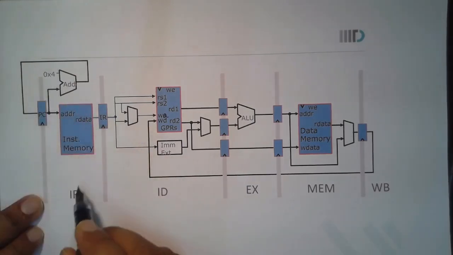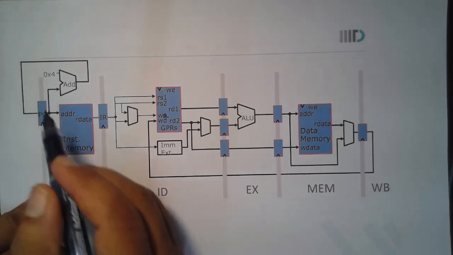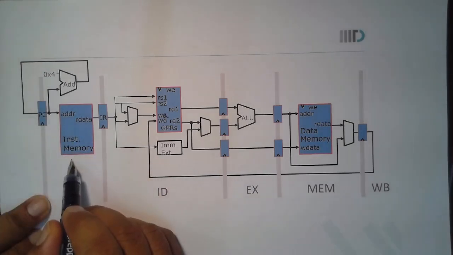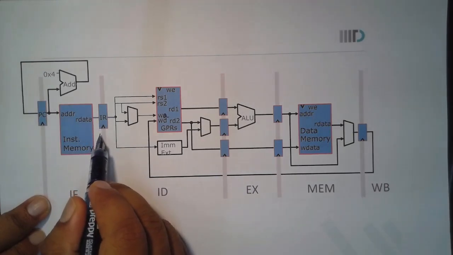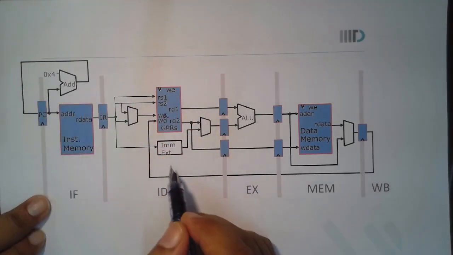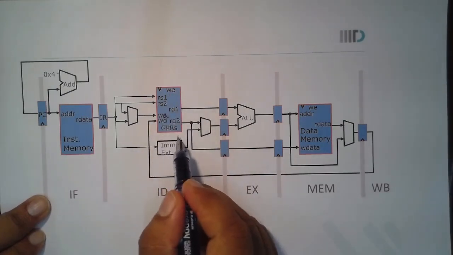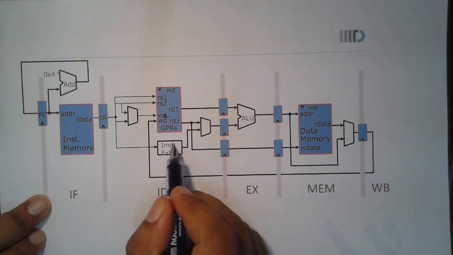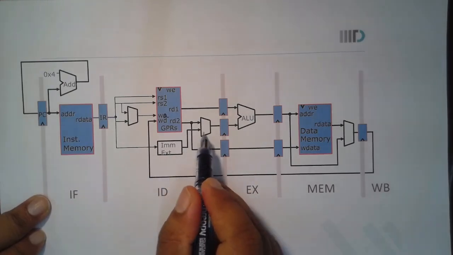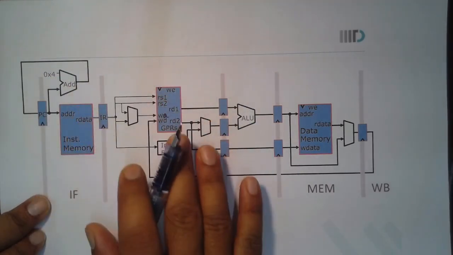We are in this fetch stage, and in the fetch stage our PC gets calculated, as well as we read the instruction memory and find the 32-bit instruction, which goes to the decode stage. In the decode stage we have the general purpose registers, from where we get the operands. We can get our required operands from the immediate values as well, and then we have some branch related operations which are not explicitly shown here.